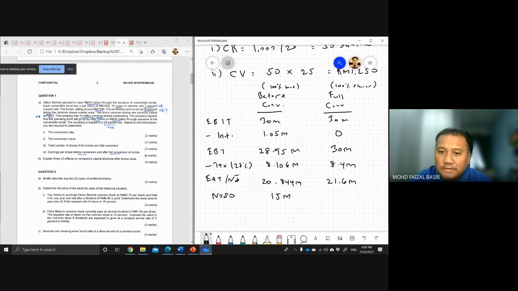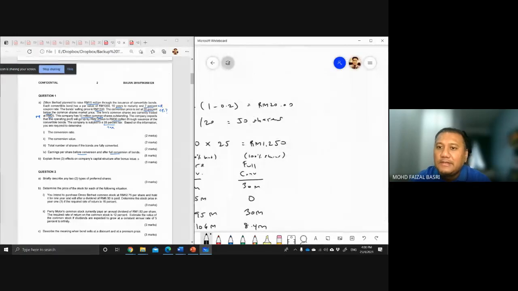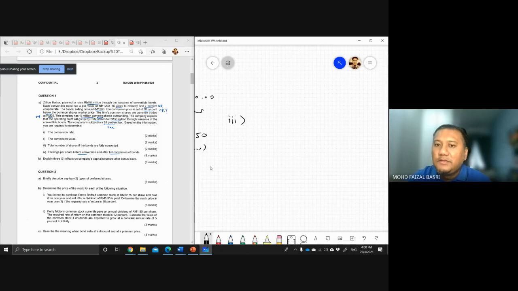This is 50 million. Okay, but before we continue, actually there was number 3 earlier. The third one here is the total number of shares if bonds are fully converted. Okay, so if you recall, how to find this is amount to be raised. So new shares equals the old one.